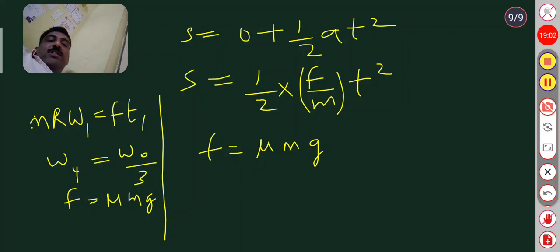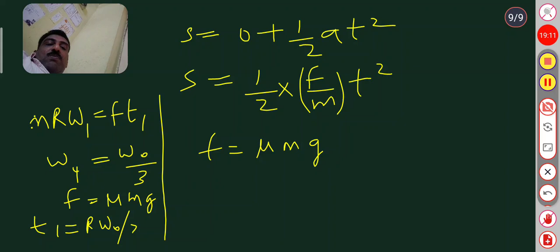On calculating this, you will get T1 is equal to r omega 0 divided by 3 mu g.